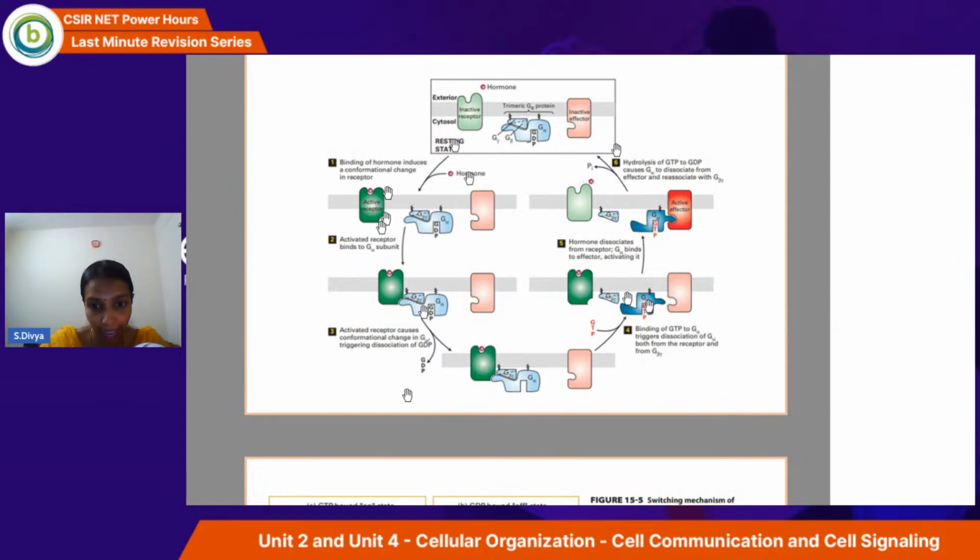At that stage, alpha, beta, gamma will be separated. This will go and bind to the effector protein, activating the signal transduction pathway. If you want to terminate it, all you need to do is hydrolyze this GTP. So what happens? You will get a trimeric G protein like this. Okay, so this is your GPCR.